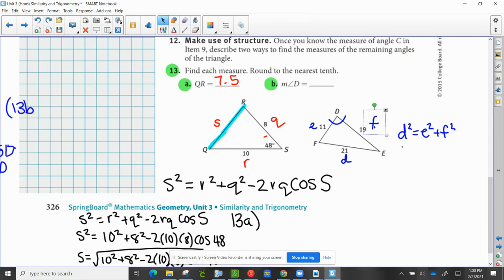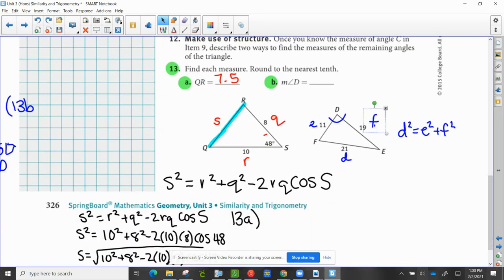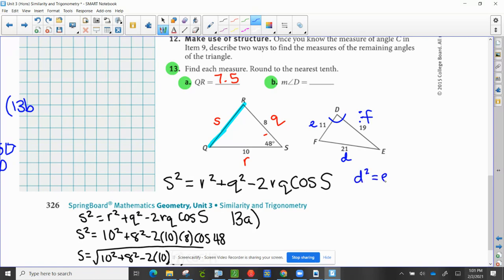So this is little f. If we're solving for angle D, we'd have D squared is equal to E squared plus F squared minus 2EF cosine of D. Again, you're not using A, B, and C, but it's the same idea.